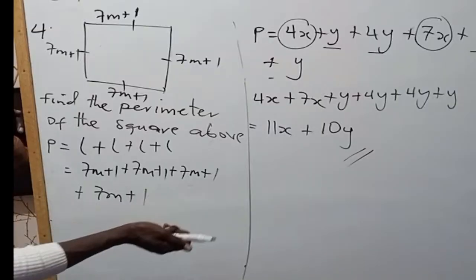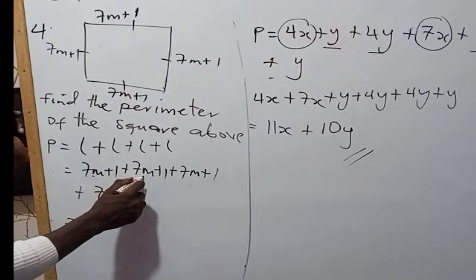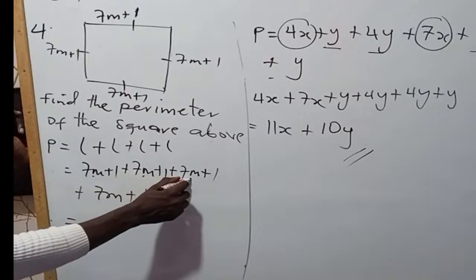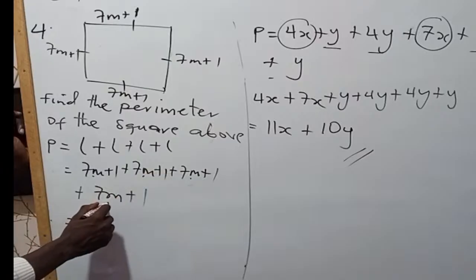You can do it straight, right? 7m plus 7m, 14m, plus 7m, 21m, plus 7m, 28m.